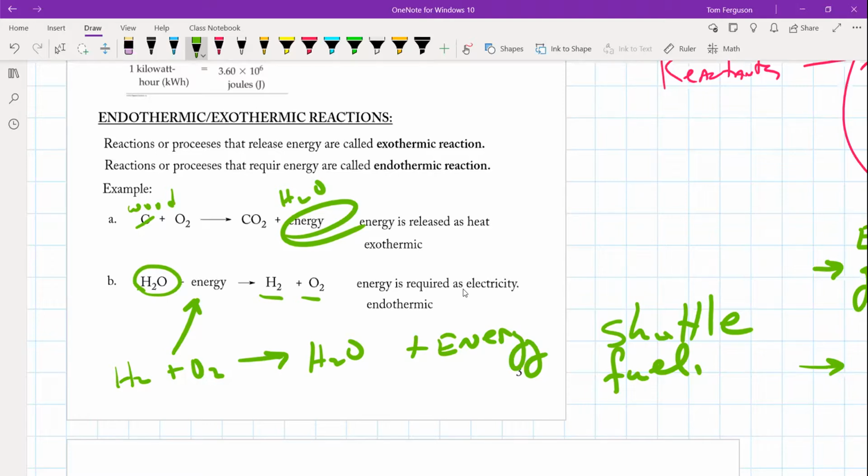So endothermic means we put energy into the system for the reaction to happen. So energy is going in. Exothermic means the energy is going out. Okay, so we have endo and exothermic reactions.